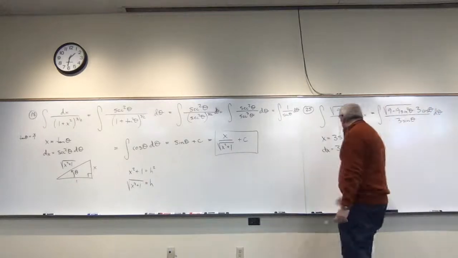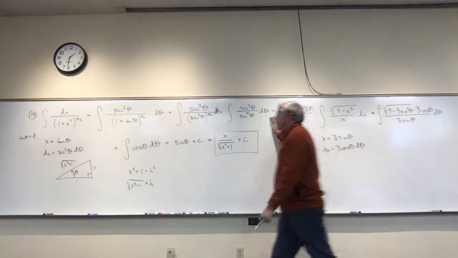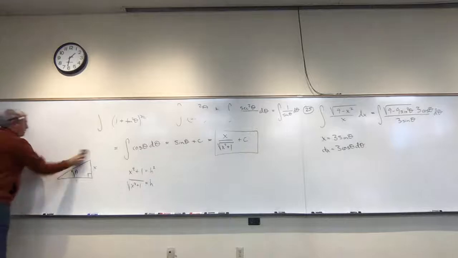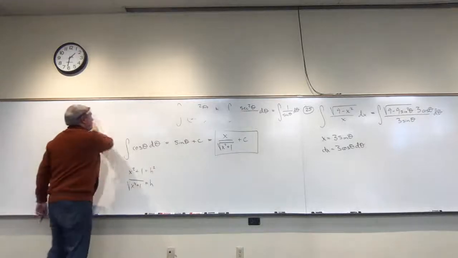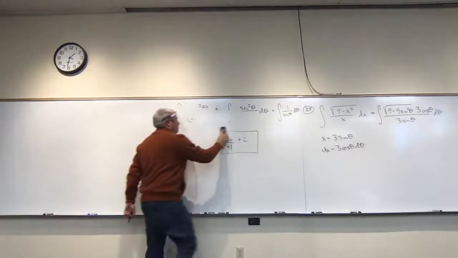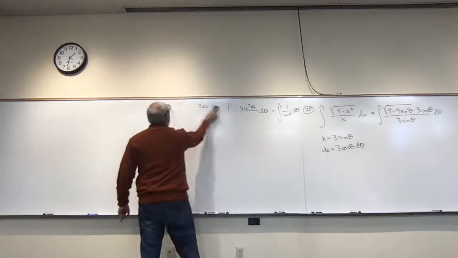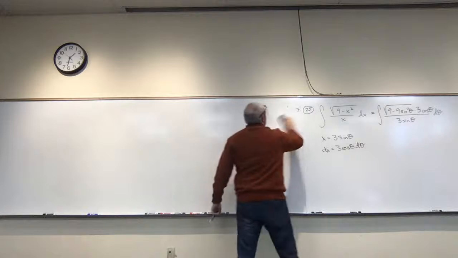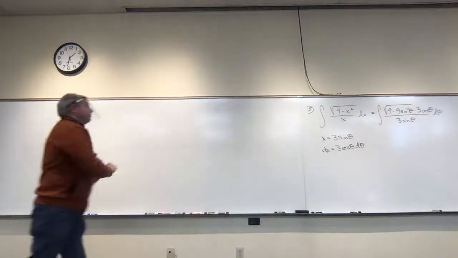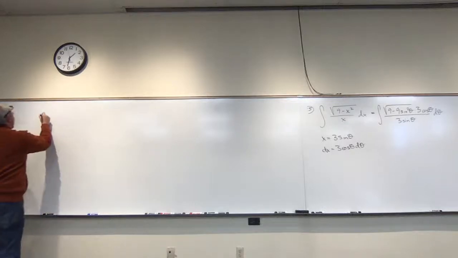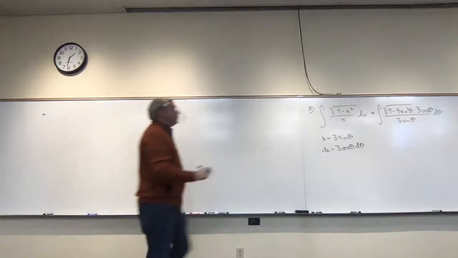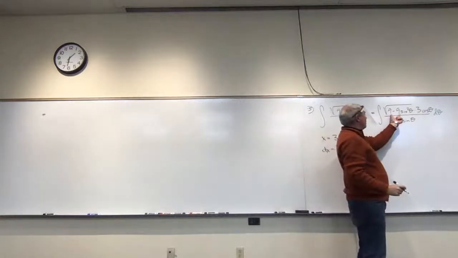Okay, let me move over here so I have enough room. All right, so now we can simplify a little more. I could pull the 9 out of both of these, and it will leave me a 1.